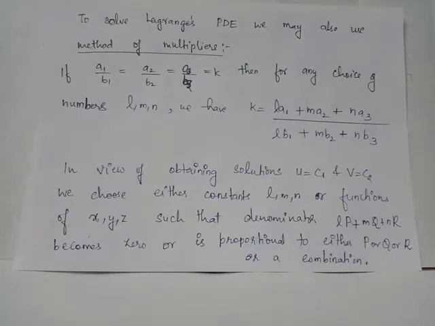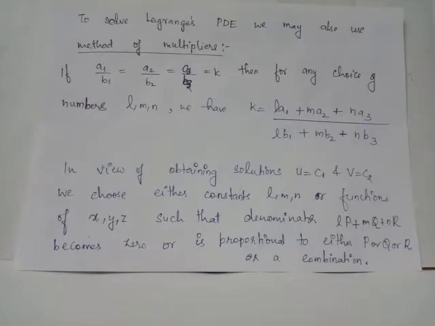And this multiplication is done on the ratios of the auxiliary equation such that LP plus MQ plus NR either becomes 0 or is proportional to either of the functions P, Q or R, or a combination of these three functions.